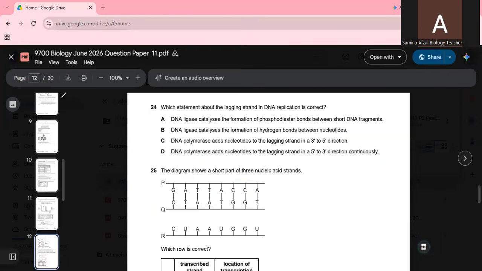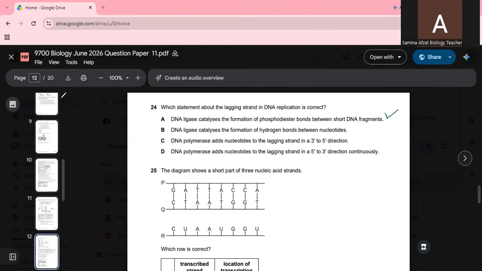DNA ligase catalyzes the formation of phosphodiester bond between short DNA fragments. This statement is correct because DNA ligase joins Okazaki fragments on the lagging strand by forming covalent phosphodiester bonds between adjacent sugar phosphate backbones.